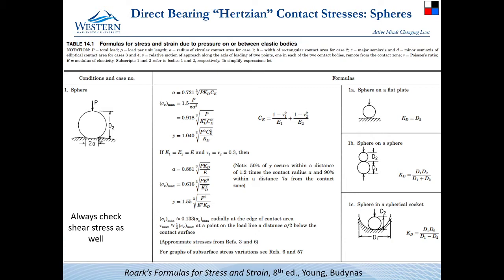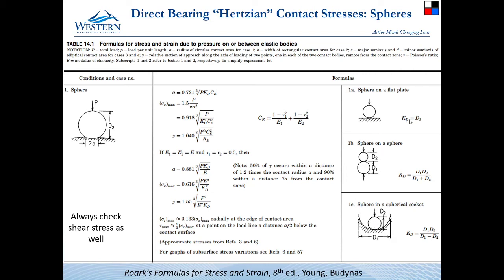Now remember, this could be elastic or it could be plastic. It will switch over somewhere along the way. There are special cases for this. The first special case is a sphere on a flat. The second is a sphere pushing on a sphere, and the third is a sphere pushing on the inside of another sphere. This is like a ball and socket joint.